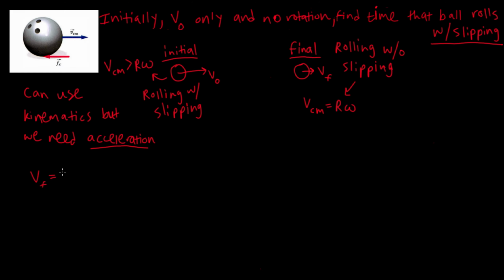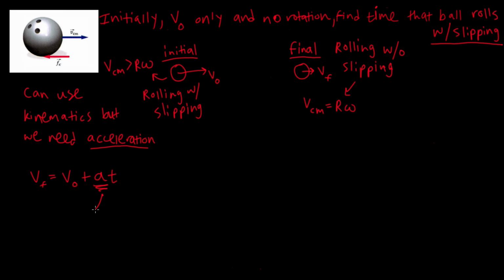So the kinematic equation that we can use is that the final velocity is equal to the initial velocity plus the acceleration times the time. We're trying to find the time, but the issue is we don't know the acceleration of the object as it goes from its initial state to its final state.